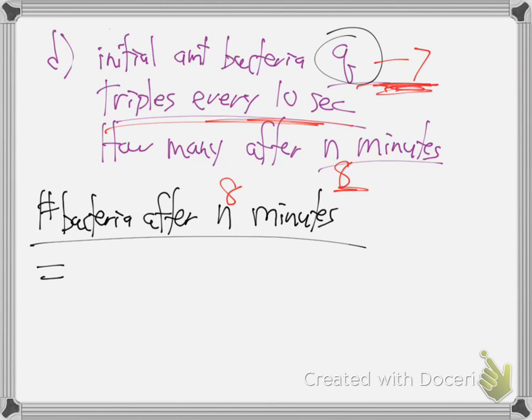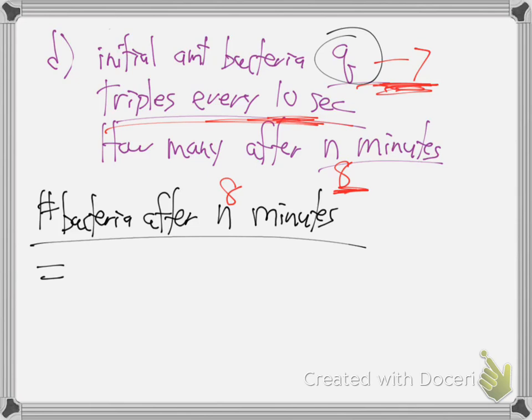So it's going to start at 7, and it's going to triple every 10 seconds. How many after 8 minutes? What would I do? No ideas?